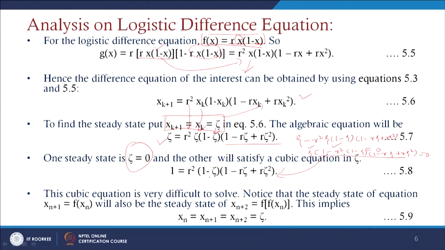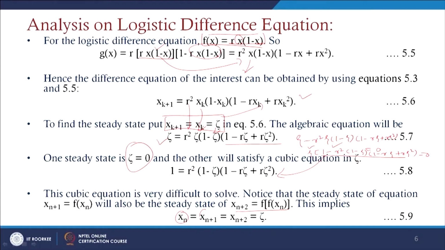So, if we go for the steady state of the equation x n plus 1 equals f of x n, again we will go for the fixed point functions, and we can obtain this steady state by using x n plus 2, which can be represented as f of x n. This simplifies the cubic equation to a quadratic equation.